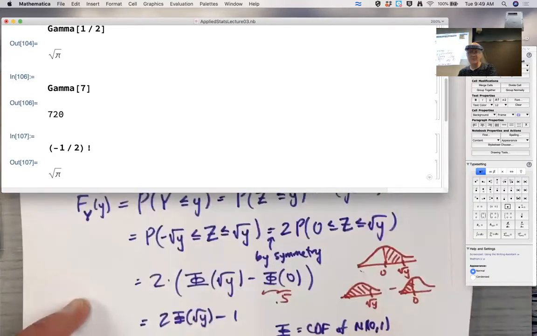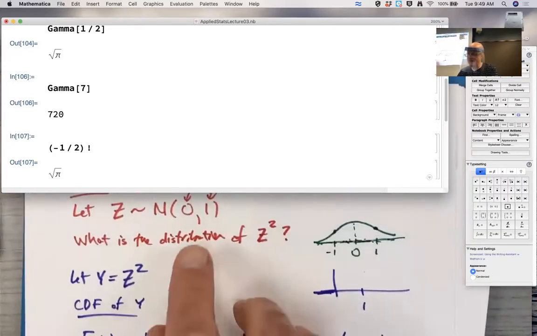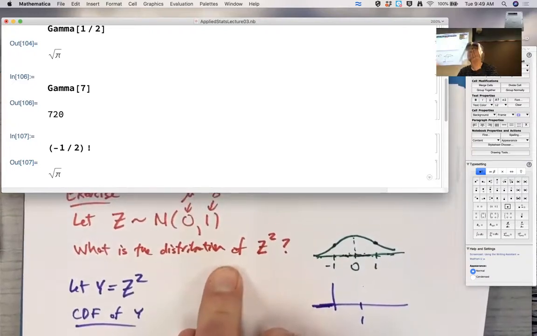What is the distribution of z squared? It's chi-squared with 1 degree of freedom. That's what it is. And that's actually important for us in this class to know that. If you square a standard normal random variable, the result is a chi-squared random variable with 1 degree of freedom.